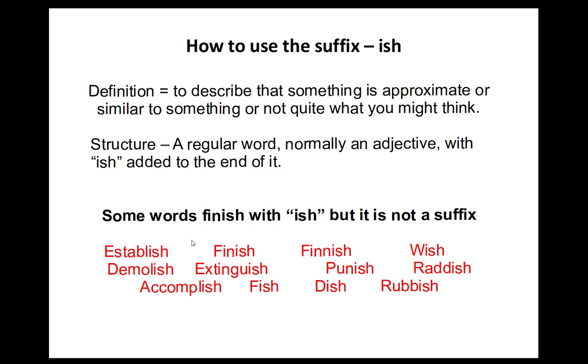You know, you establish something. Finish, to end something, or Finnish as the nationality. And then lots of other words here, but they're not what I'm talking about today. So I won't spend time talking about them now. Of course, look them up in a dictionary if you want to learn about these words.